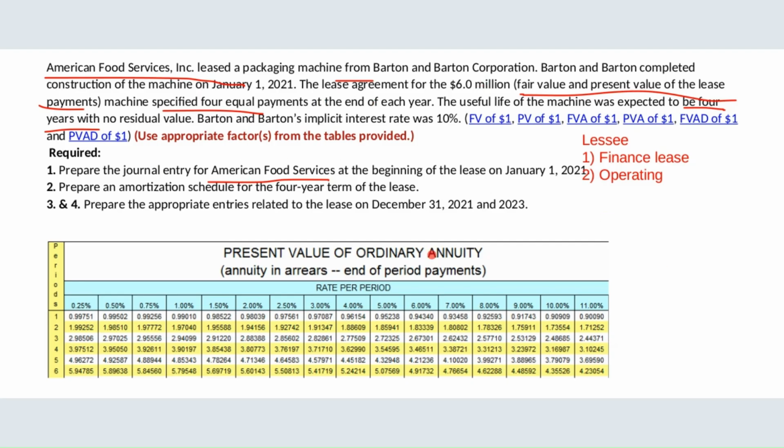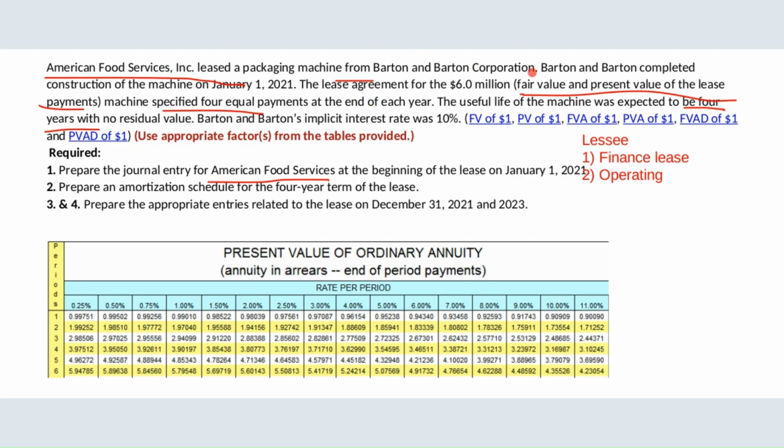Is this monthly? No, I'm sorry, this is yearly. When are the payments due? At the end of the year. So these are annual payments due at the end of the year.